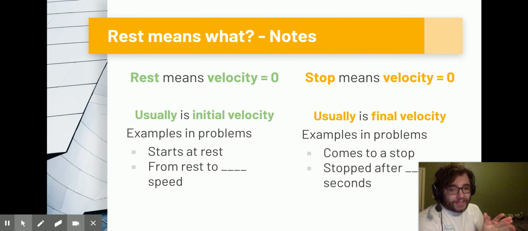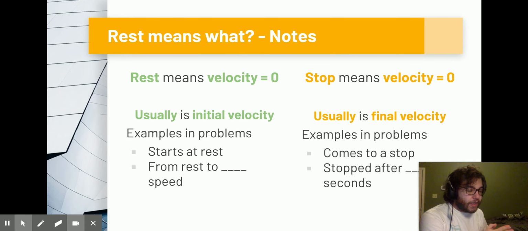Okay? One thing that I want to go over is that rest, when you see it, will usually mean your initial velocity. That's just the way it's used in this class. Usually they'll say something like starts at rest, or we're going from rest to something. That's why it's initial, because it's happening before the other speed.